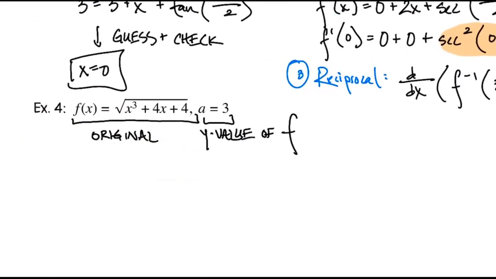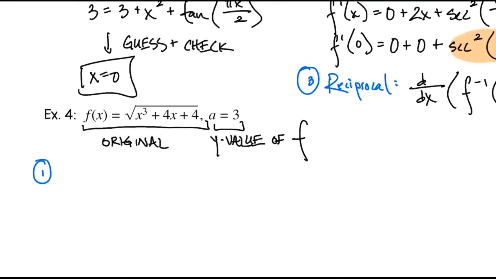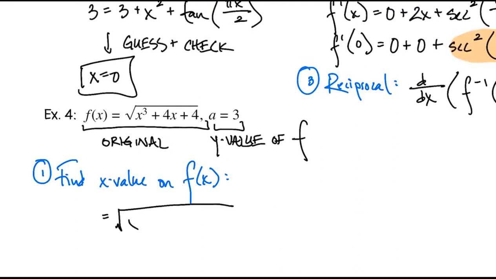All right. First step, find that x value on the original, okay? So what are we setting this square root equal to?